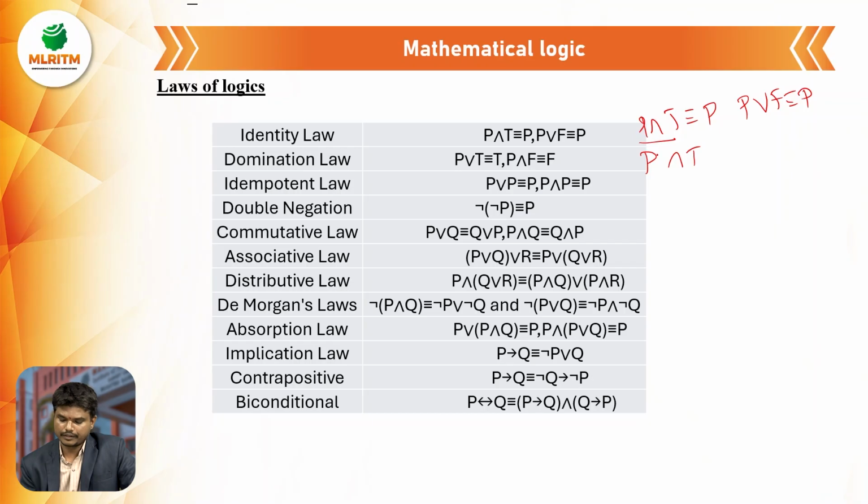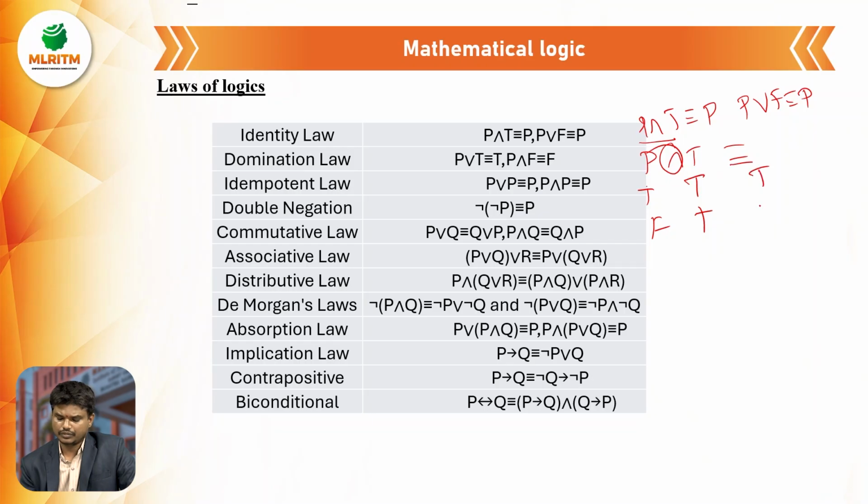So we write the cases for P and T. Here P is true, false, and T means universal truth. P and T means if both cases are true, it will be true. The remaining cases are false.